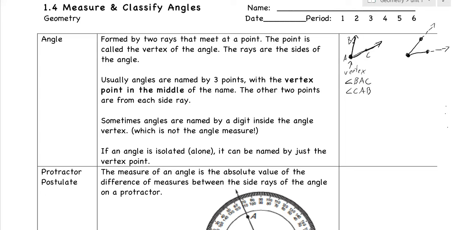Other ways to name angles. We can put a number inside the angle. If the number does not have the degree sign on it, we can call it angle 1. When you have an angle like angle BAC, where there's only one angle there, you can drop the other two and just call it by its vertex.